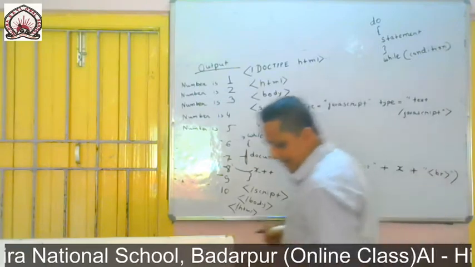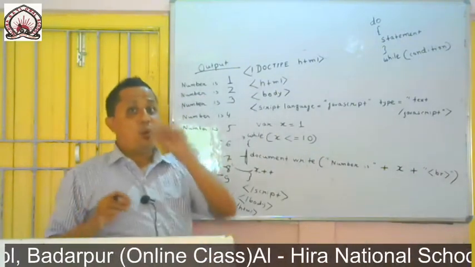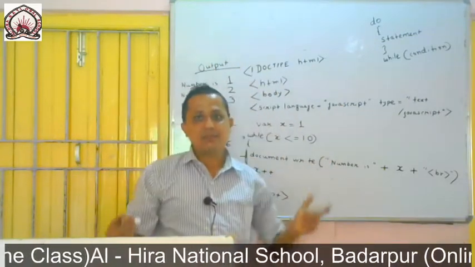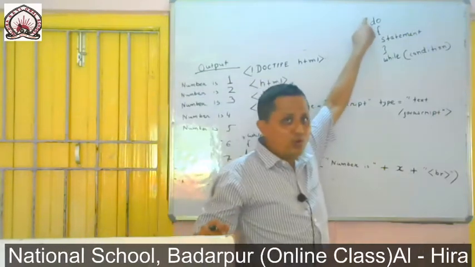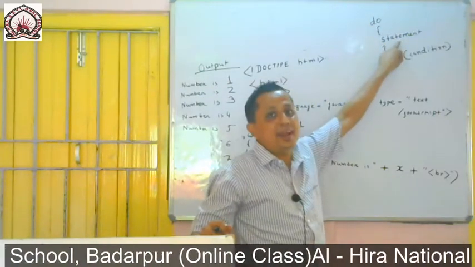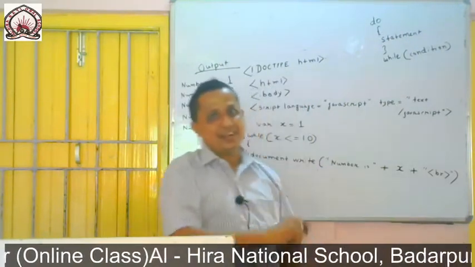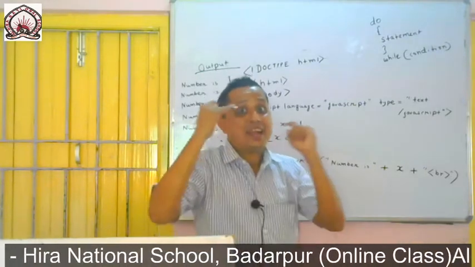Just see one thing here. In my earlier case, in while, it was while condition, then within brackets the statement. In do while, it is do, then we have the statement, and the condition is last. For this reason, the while loop is known as an entry control loop.